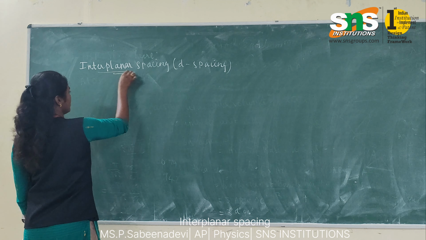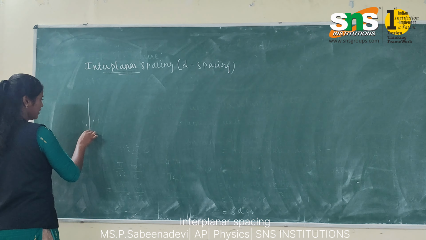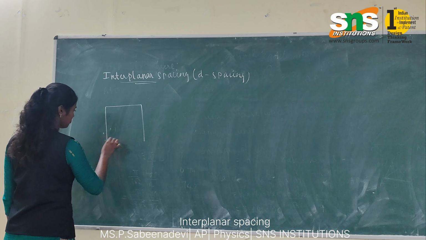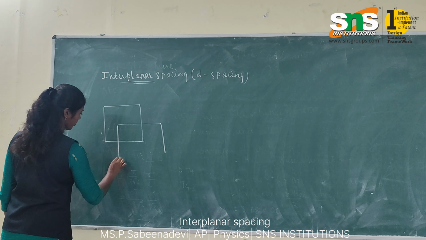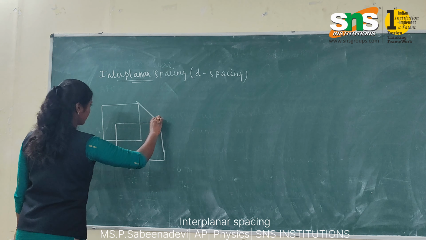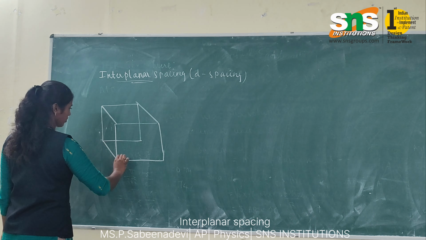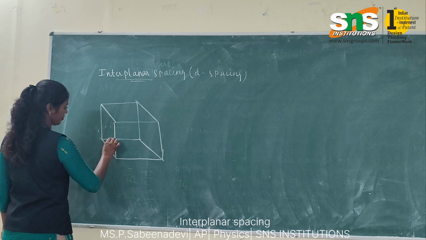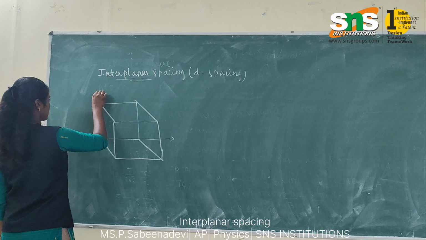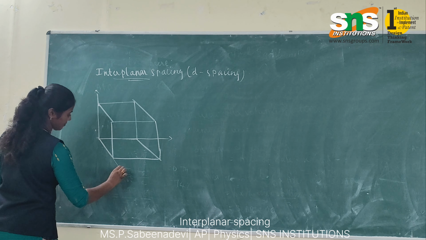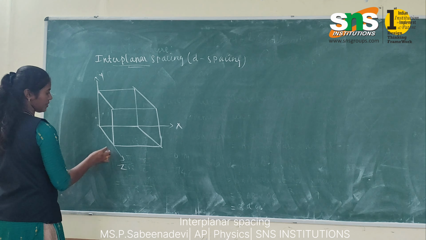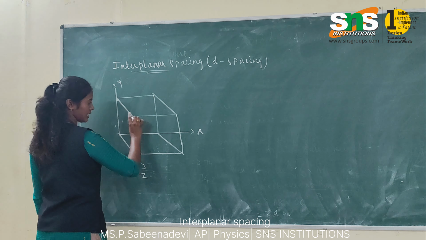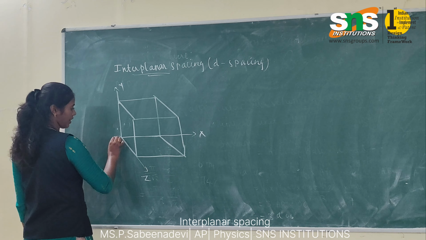Now let us consider a unit cell. This is the x-axis, the y-axis, and the z-axis. Let us consider the diagram. This is the origin.